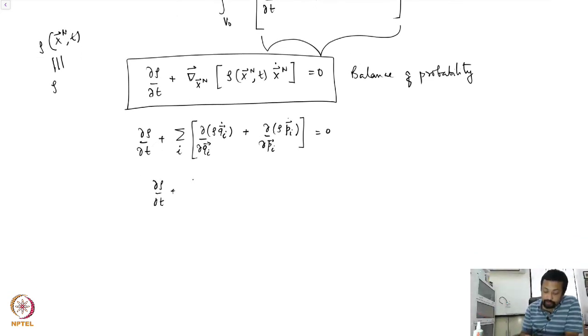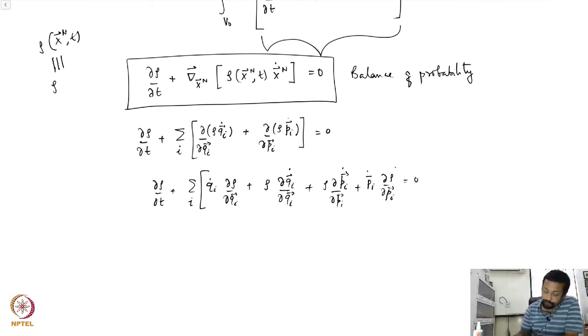Let's do this sum over i: qi dot del rho del qi plus rho del qi dot del qi plus rho del pi dot del pi plus pi dot del rho del pi must be 0.